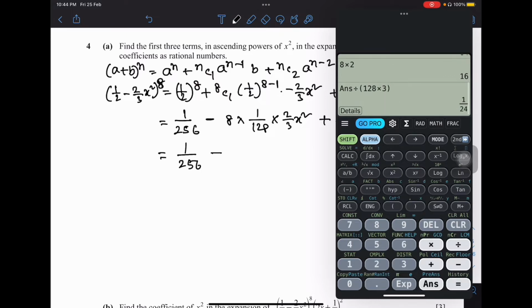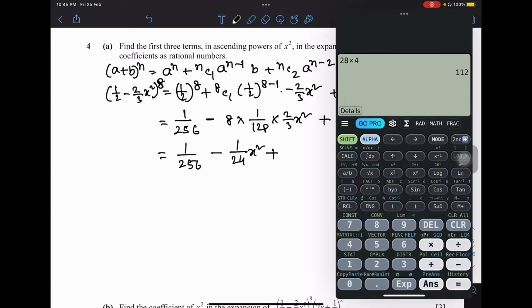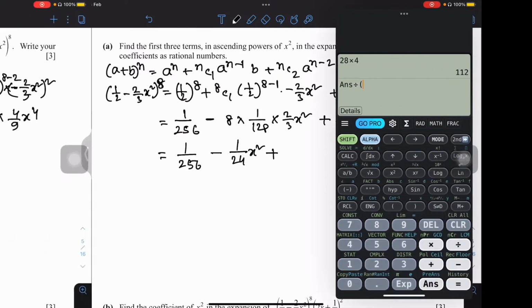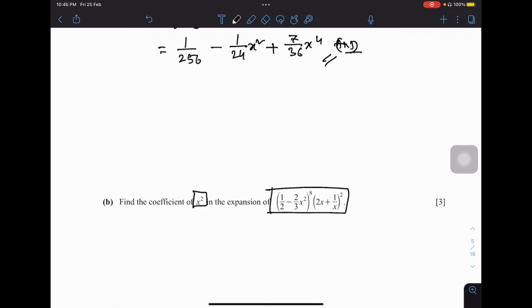So this is 1 by 24 x square plus into 4 divided by 9 into 66 x to the power 4. So these all are rational numbers. Okay, this one. Already we have completed this part.